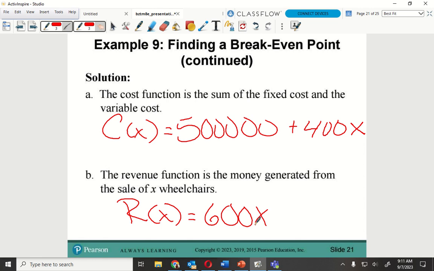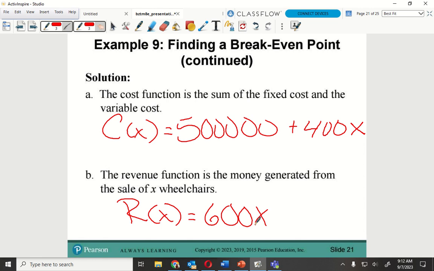How much would I profit for each one that I sell? It would be 200. But the big thing I have here is my cost function, that $500,000 it takes to be in business in the first place. So I have to sell a whole bunch of these to make up that cost. And that's what we're going to do right now.